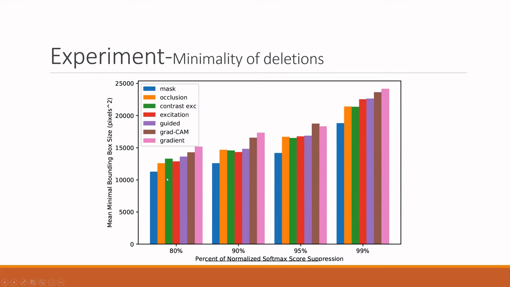Comparing with other methods, this blue bar, which is the proposed mask, blurs the minimum number of pixels, which also means this is the most efficient. They contain the most information compared to other methods. So that's the third experiment.